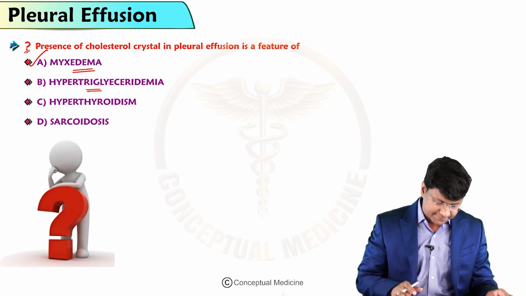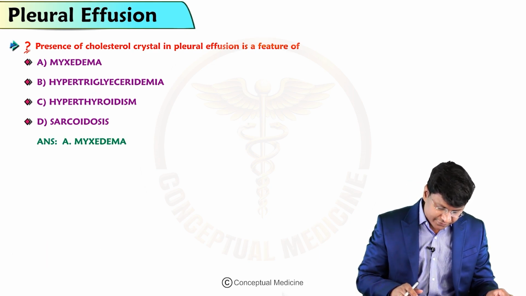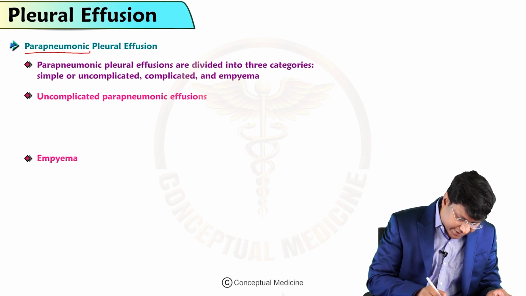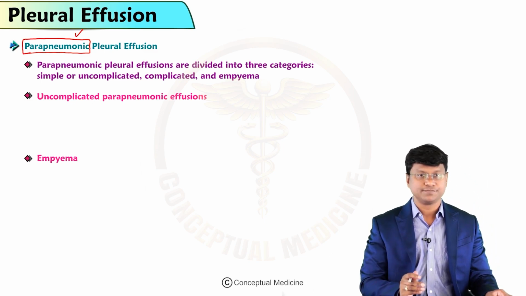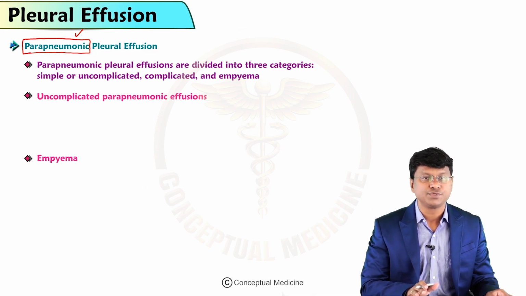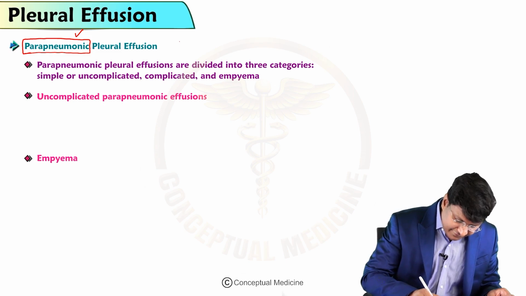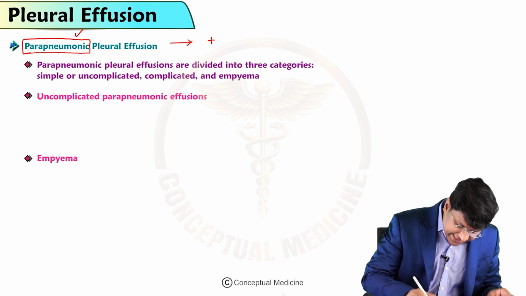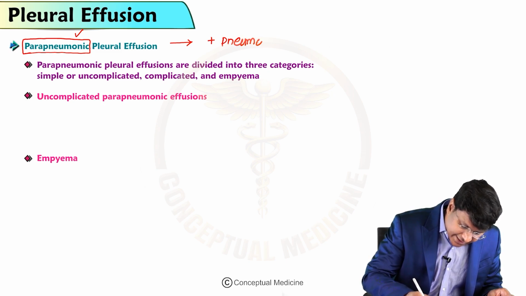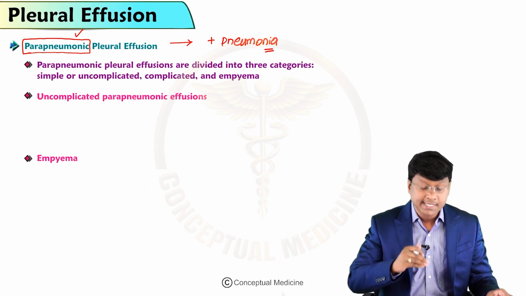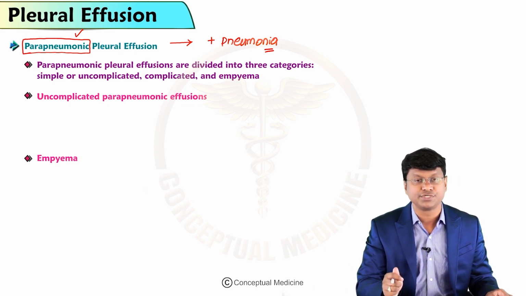Having discussed the cholesterol crystals in the pleural effusion, the next important thing you need to know about pleural effusion is that we have a clinical entity called parapneumonic pleural effusion. What is this parapneumonic pleural effusion? It is the clinical condition where you have the presence of pleural effusion in the presence of pneumonia. So the individual has an underlying pneumonia, and upon that there is presence of pleural effusion.